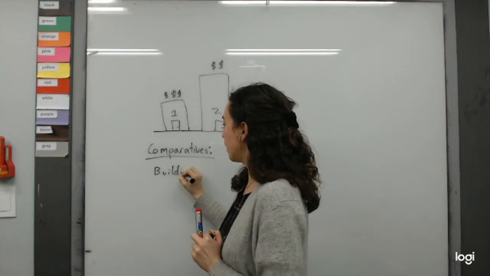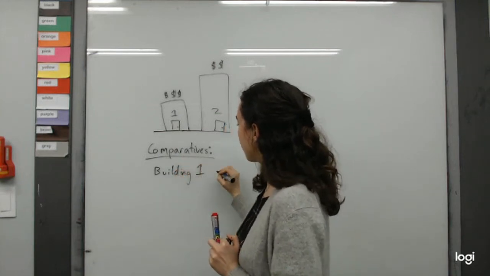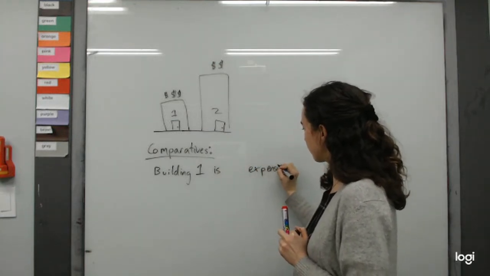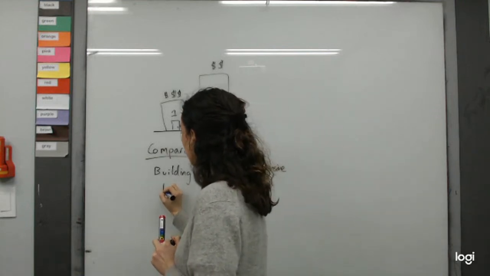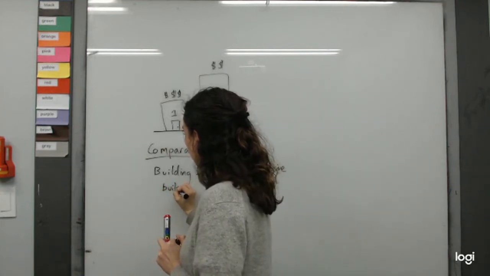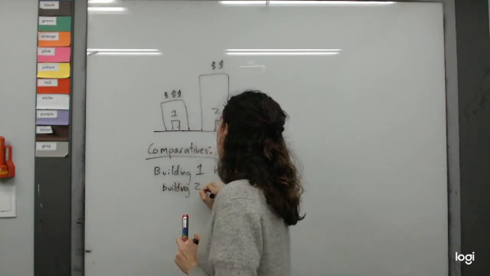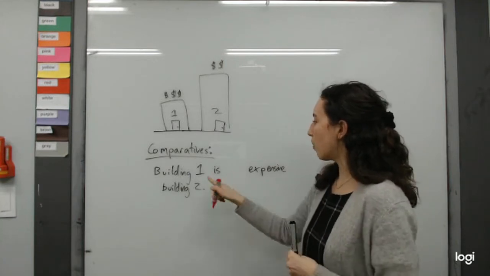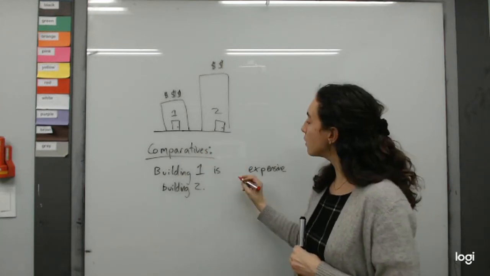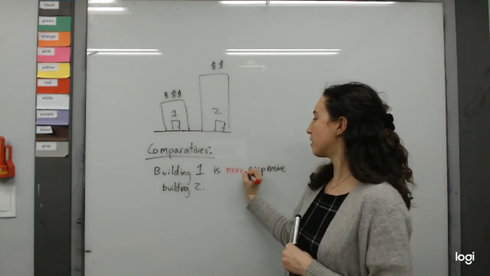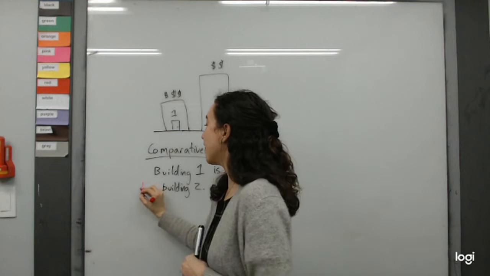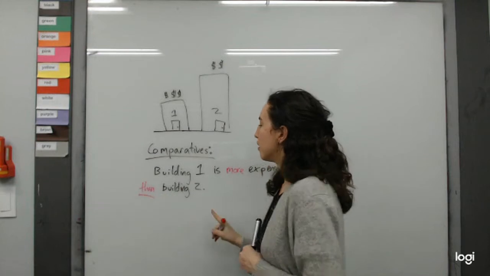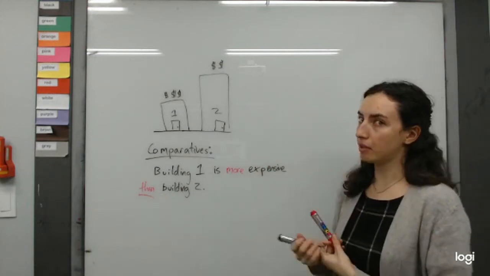So to make it comparative, we are talking about the differences between the buildings. We say more expensive, and then after the comparative, we always need than. So building 1 is more expensive than building 2.